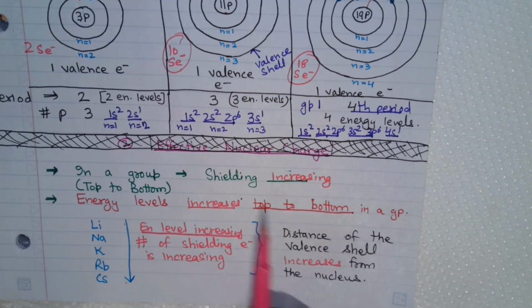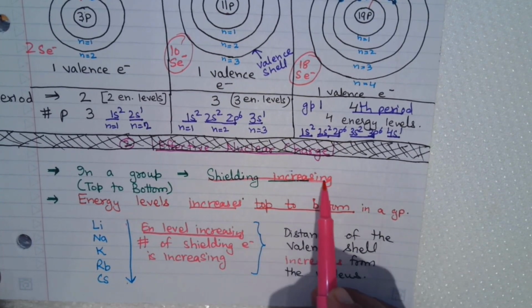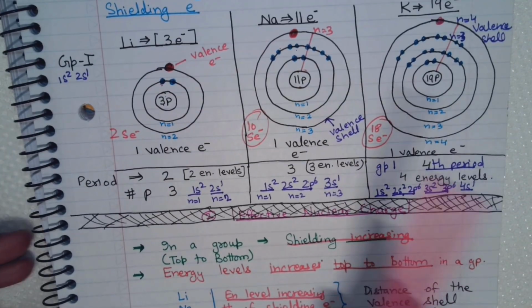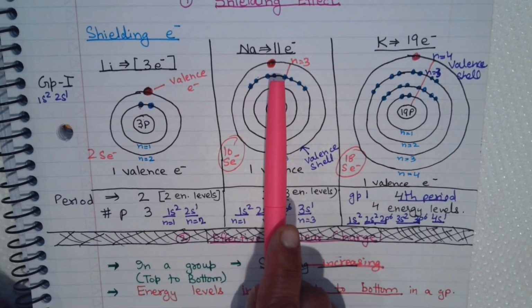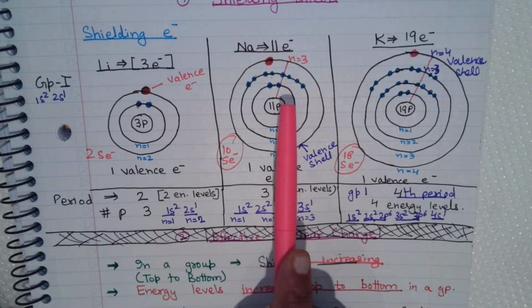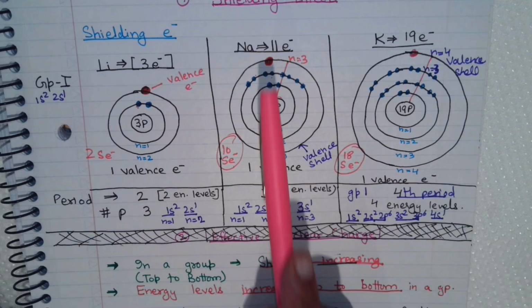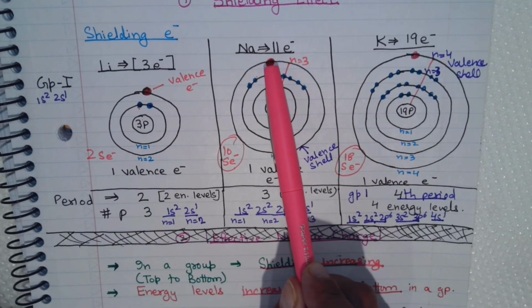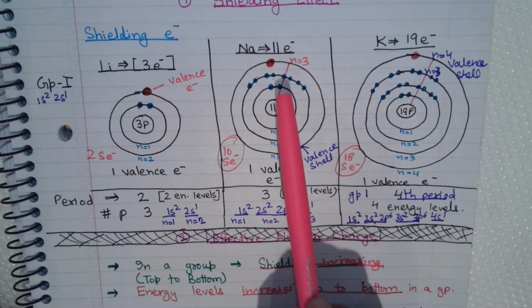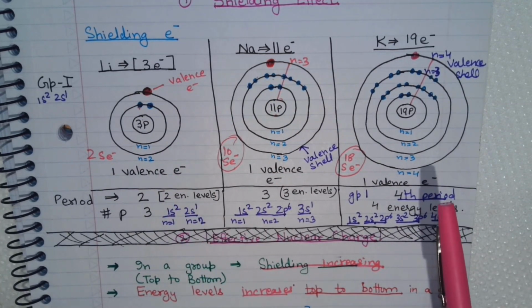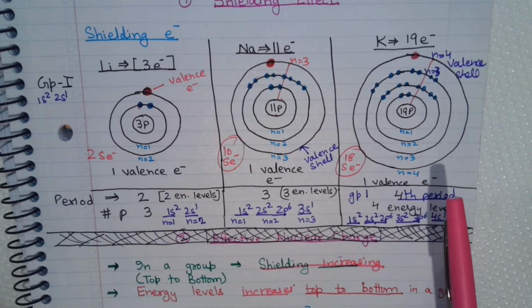So shielding increases as you go down in a group, right? Now, since the valence electrons are getting more and more shielded, the nuclear pull cannot be felt by the valence electrons, right? So because of that reason, they are not attracted strongly to the nucleus, and this trend increases as we go from top to bottom in a group, right?